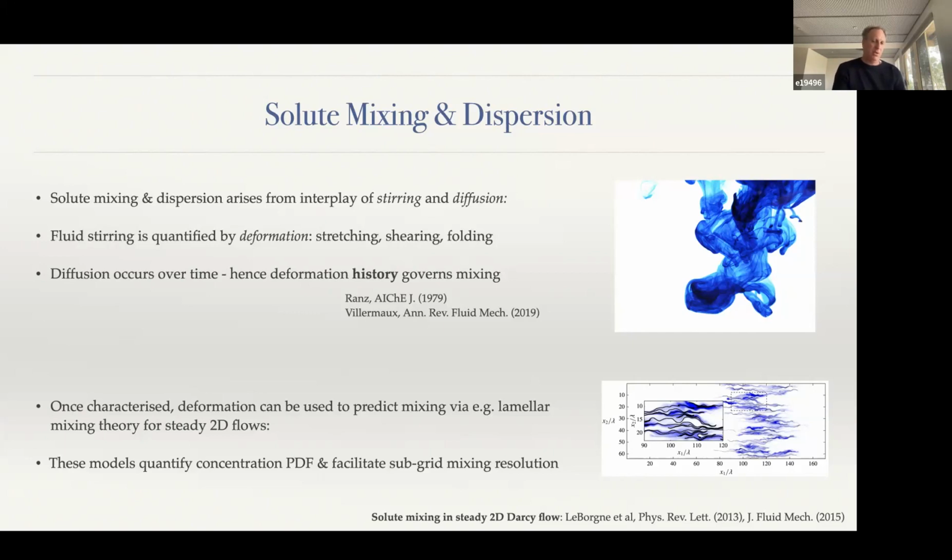And the ingredients that go into these models are the rate of deformation and the Peclet number. They're quite general. They can range from very high Peclet number flows where there's not a lot of diffusion and you get very ramified solute distributions, through to low Peclet number flows that are essentially diffusive and can be almost modeled by a Gaussian blob.